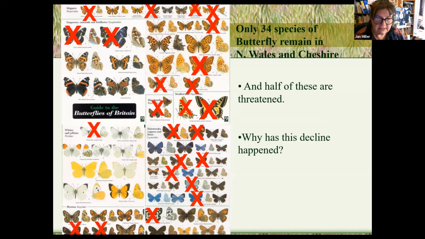But that's why, like Richard was saying, it's very useful to record what we used to think of as the common species and go on recording them year after year, because that gives us a picture of how butterflies are responding to climate change.